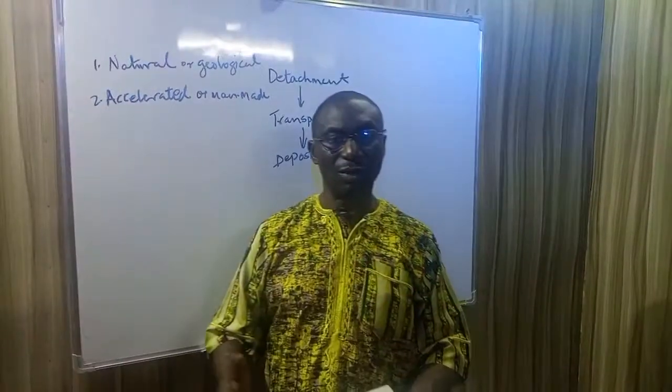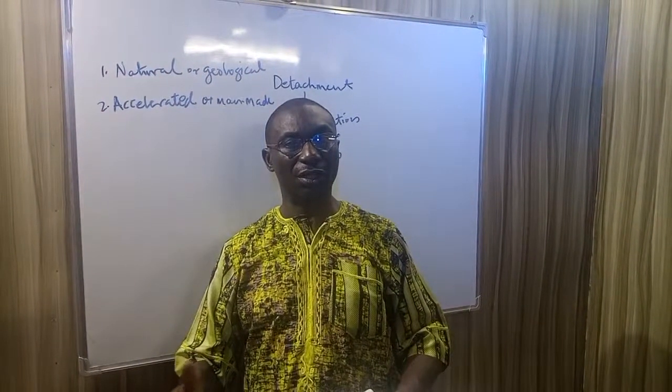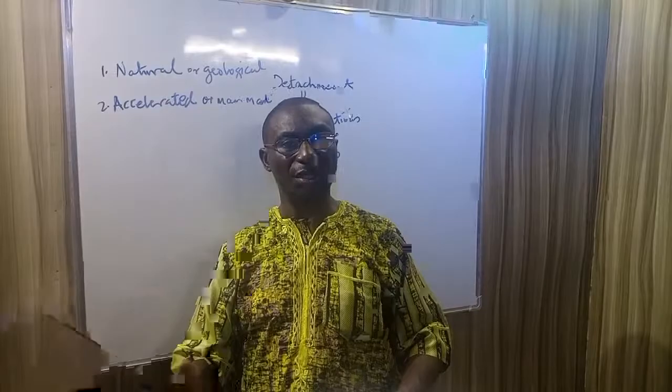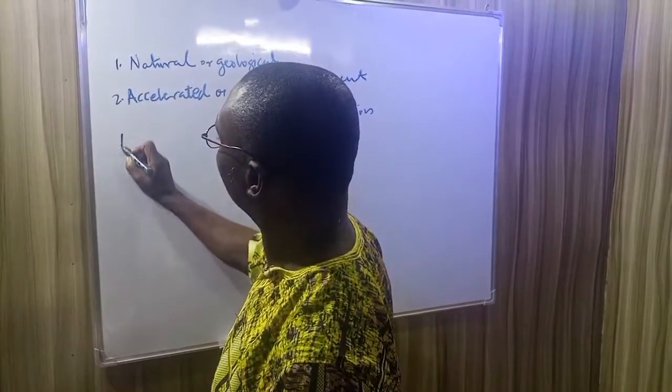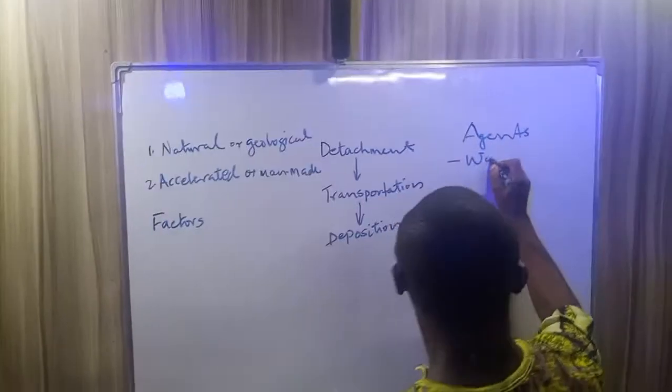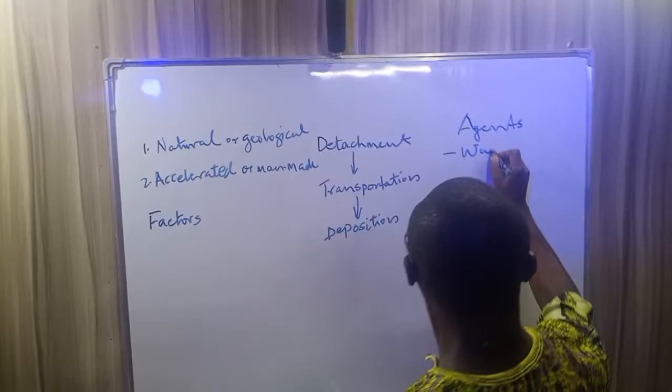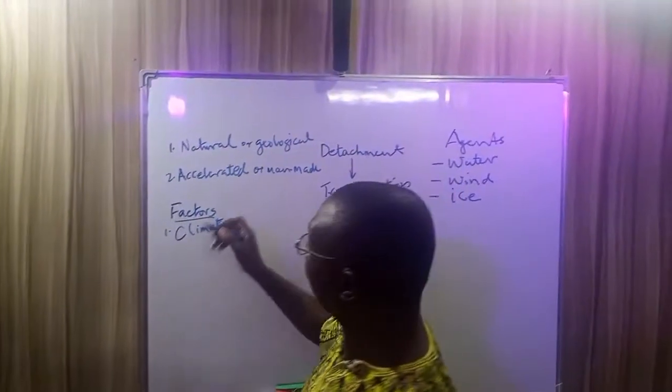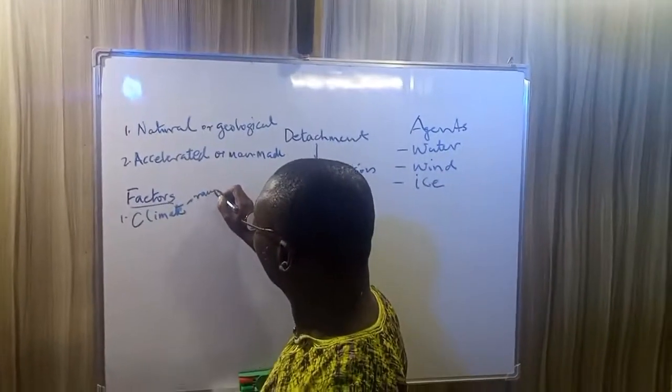When you talk of erosion, these are the factors, and those are the agents. We have wind. Then now the factors, one, climate. That's the climatic factors, such as rainfall.